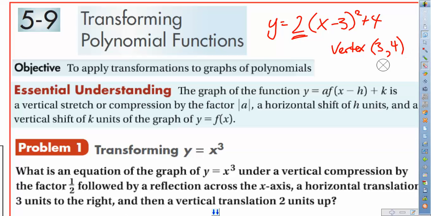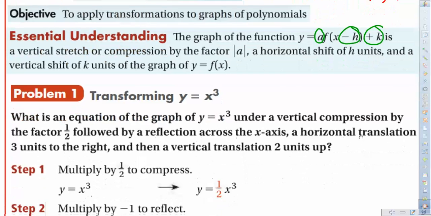Well, guess what? It does not matter what that exponent is up there. Okay, I feel like the rock. It doesn't matter what your name is. I don't care what exponent that is. The a, the h, and the k have the exact same rules, and you can put them in the exact same place.